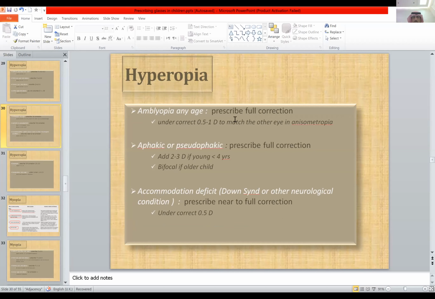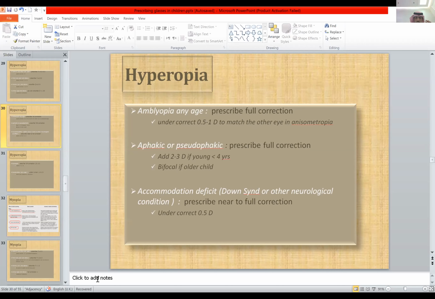Hyperopia with amblyopia, any age, prescribe full correction. You need to give the full correction for the amblyopic eye. You can undercorrect half to 1 diopter to match the other eye in anisometropia. This is clear in the case of one eye +5, and the other eye is, I will write it down here.